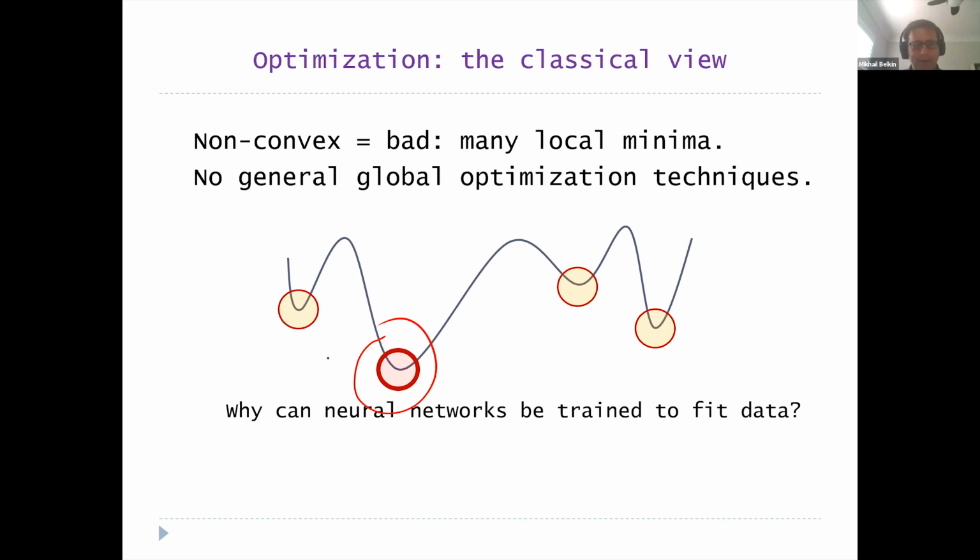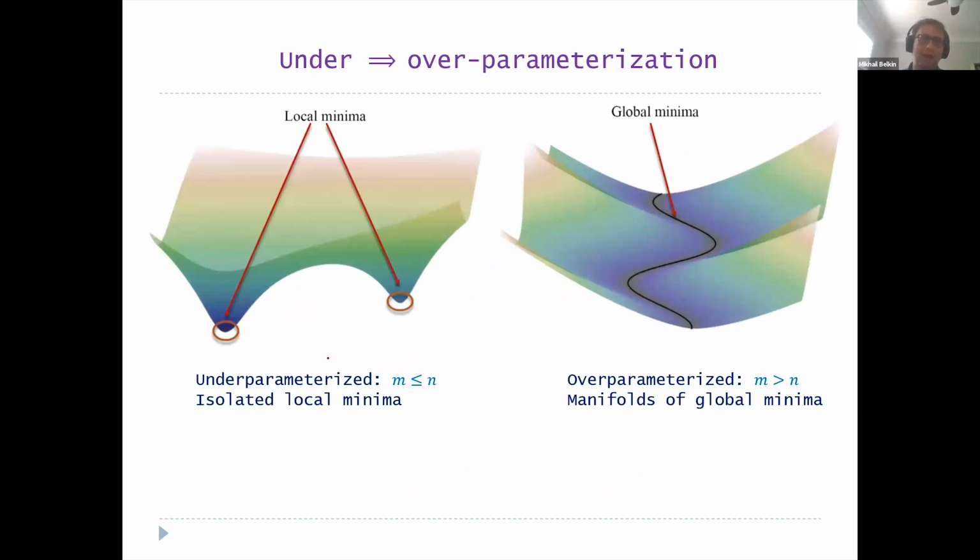This is a very reasonable question, except it lives in the under-parameterized world. In the over-parameterized world, things are different. This is a cartoon that illustrates the difference between under-parameterized and over-parameterized. In the under-parameterized case, M is less than N, and the picture is like what I had in the previous slides: you have isolated local minima.